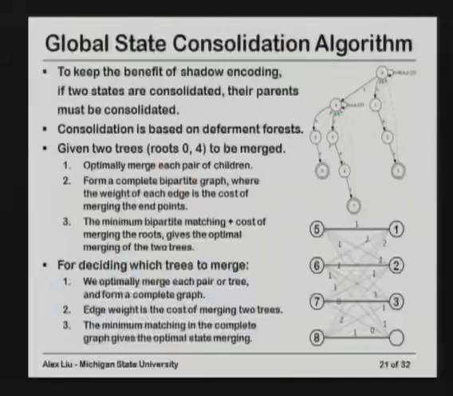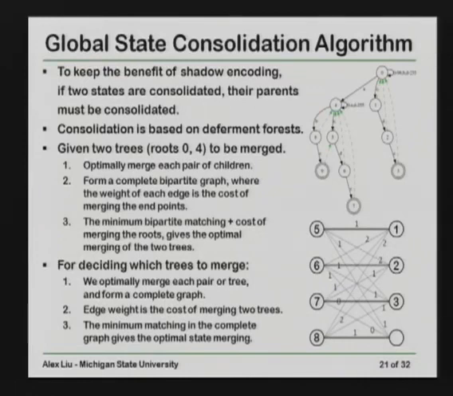When the number of children is different, we can use a dummy node, and then we compute a complete bipartite graph. For any 2 pairs from left to right, we compute the cost of merging these two. After this computation, we find the minimum bipartite matching, plus the cost of merging the 2 roots, and that will be the optimal merging of the 2 trees.